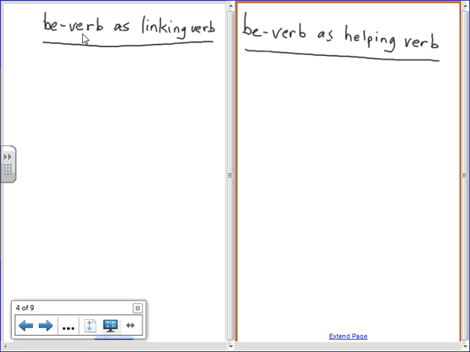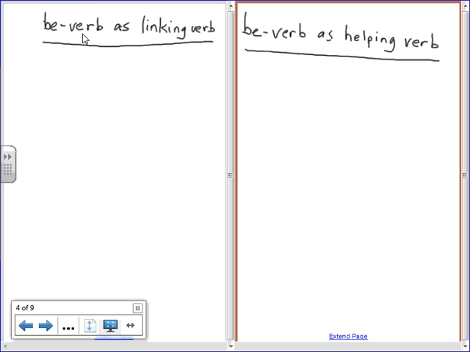And the first thing that we need to get down is that with these first 3 classifications of helping verbs, namely the be verb forms, the forms of do, and the forms of have, they can be functioning as other things. And we've already talked about how the be verb can be used as a linking verb.